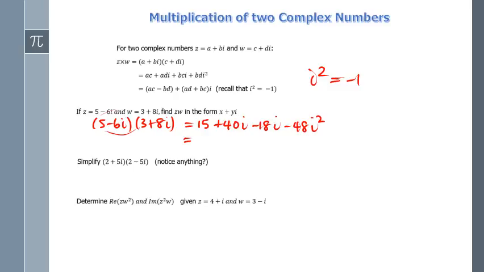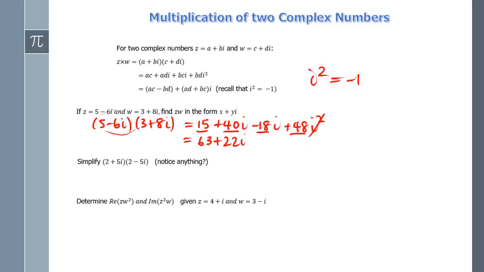We know that i squared is the same as negative 1, so I cross it out and change that to a plus. Then we add our real components together, so I'm going to have 63, and then our imaginary components, 40 minus 18 is 22i, so plus 22i.